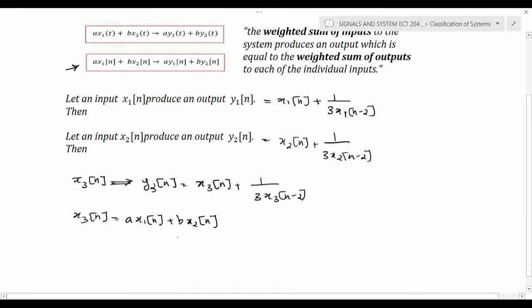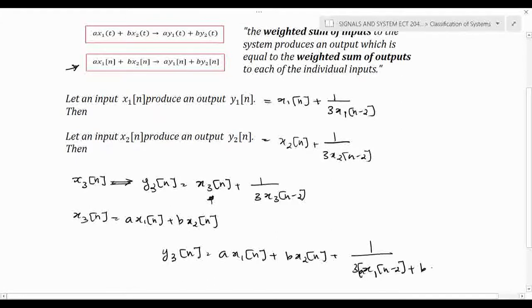And you substitute in place of x3 of n, it becomes, you can write y3 of n is equal to a x1 of n plus b x2 of n, in place of x3 of n, plus, and in place of 1 by 3 x3 of n minus 2, you can write like this, 1 by 3 into a x1 of n minus 2 plus b x2 of n minus 2.